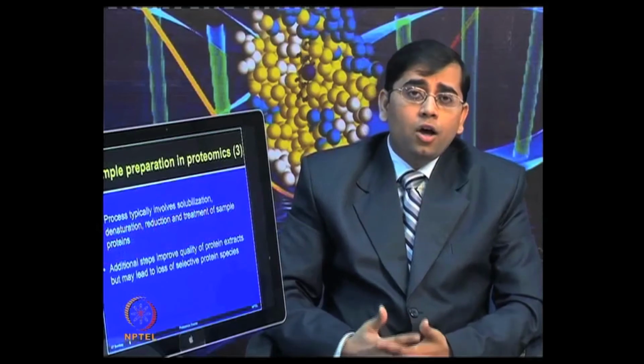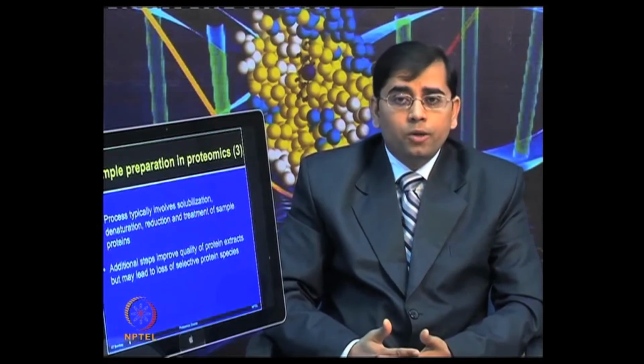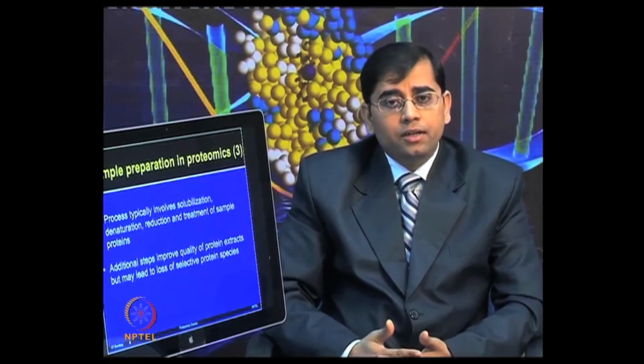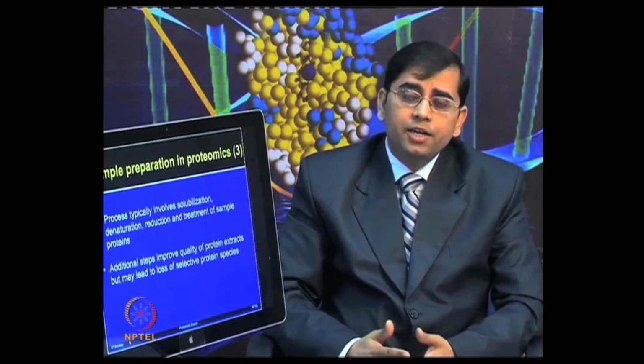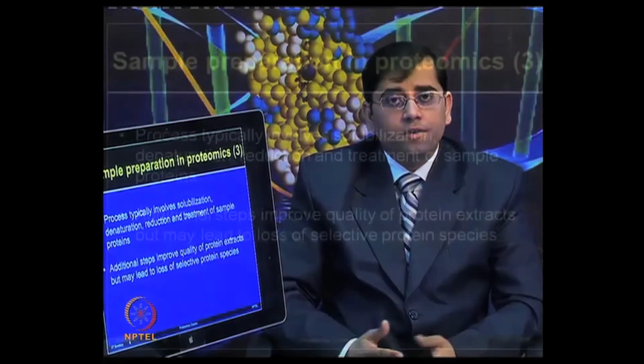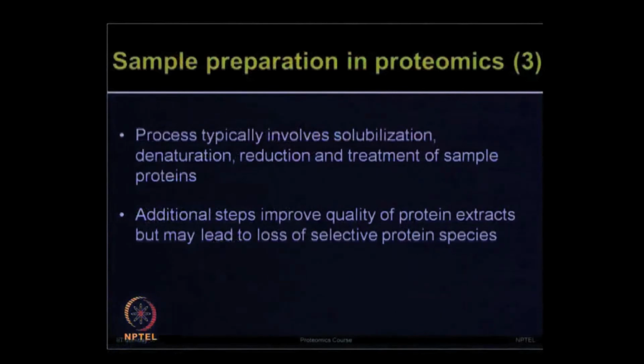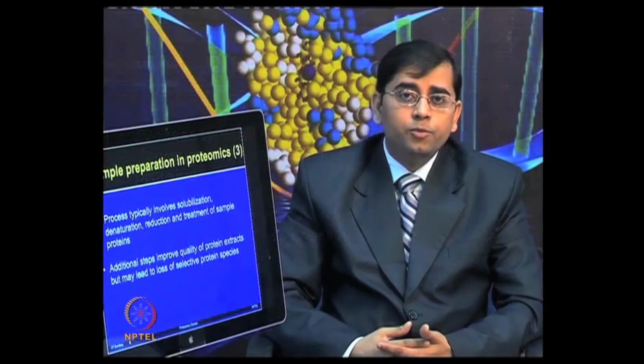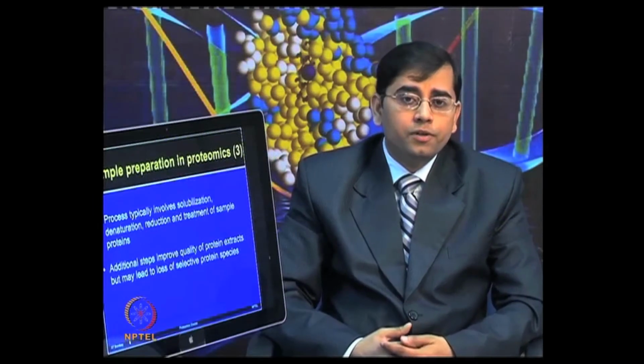Now, all of this sample processing involves solubilization, denaturation, reduction and treatment of sample proteins, but you need to include additional steps depending upon the type of samples and your objective, so that the protein quality, the protein extract, can be improved.